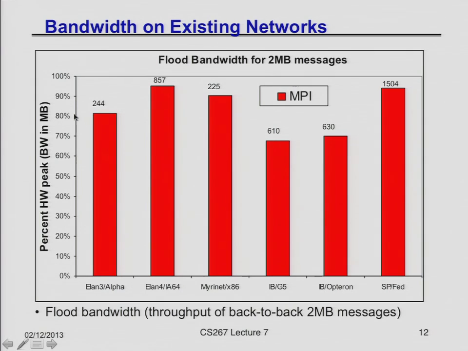What fraction of peak do you get? And that's some fraction of 100. And then these small numbers at the top of each bar are the actual speed that you get in megabytes per second. So this is 244, that's 857. The vertical axis is percent of the hardware peak.